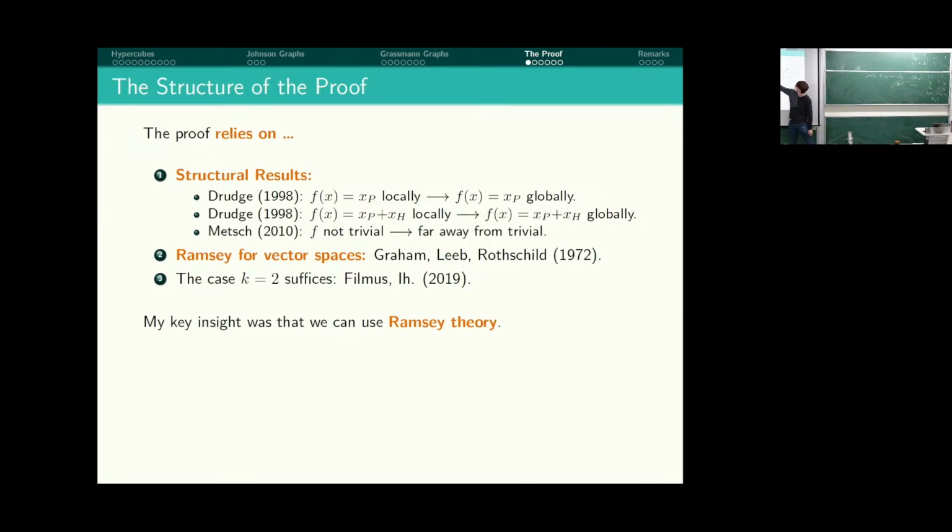Similarly, if your function locally looks like it depends on only one space and one hyperplane, then your function will look globally like that. Now you feel like it's missing that if your function locally looks like depending on only a hyperplane, then it must look globally like that.